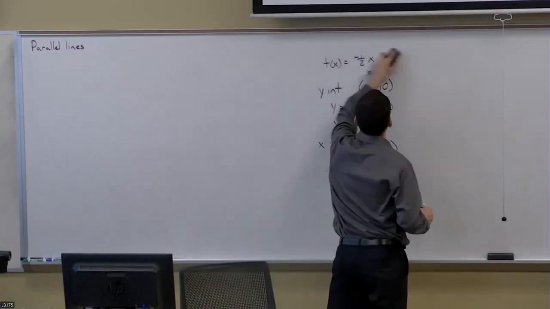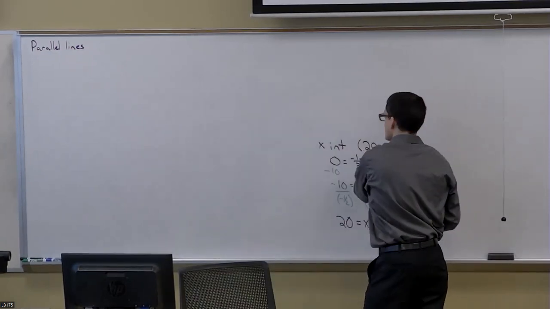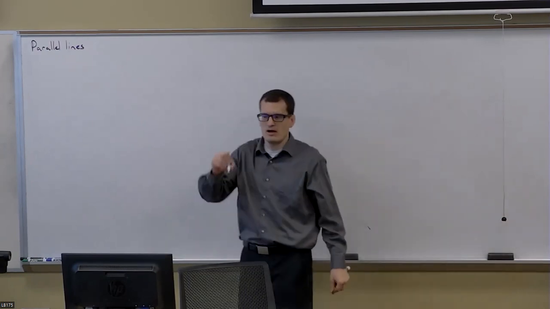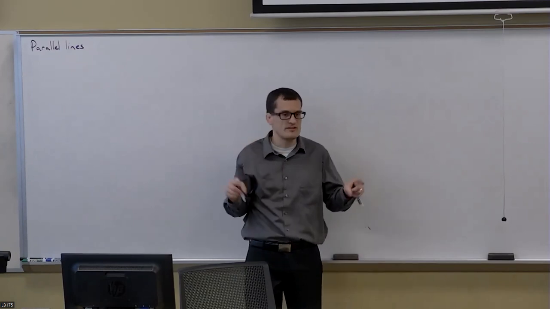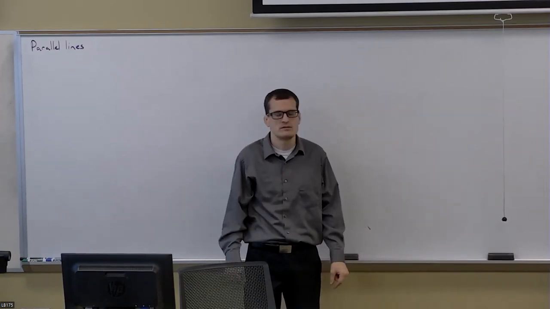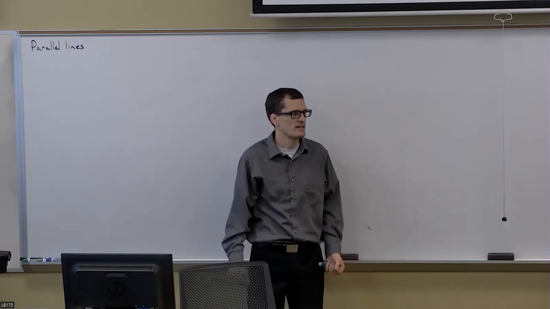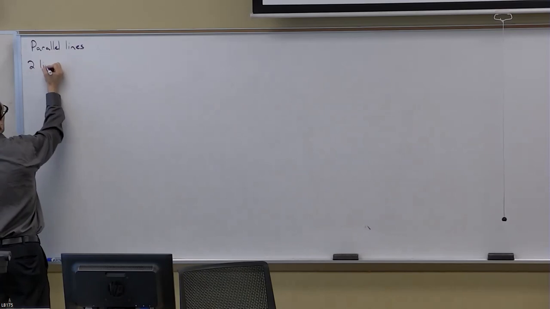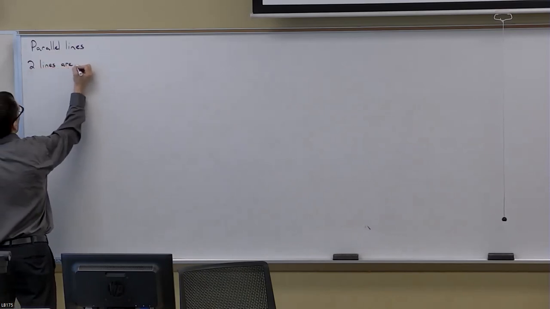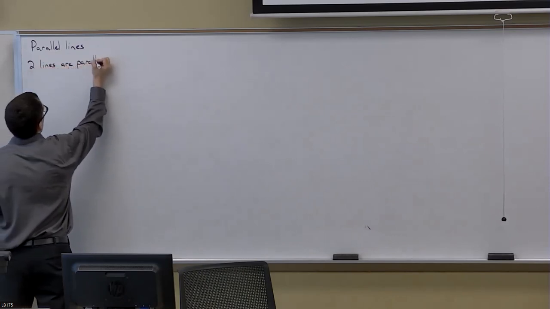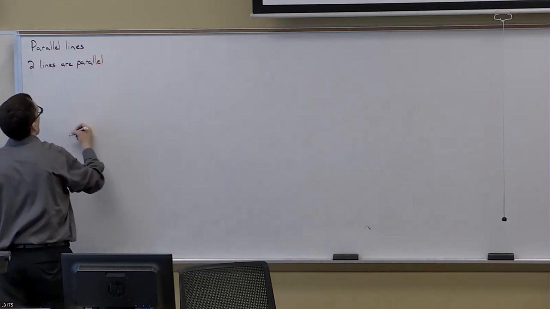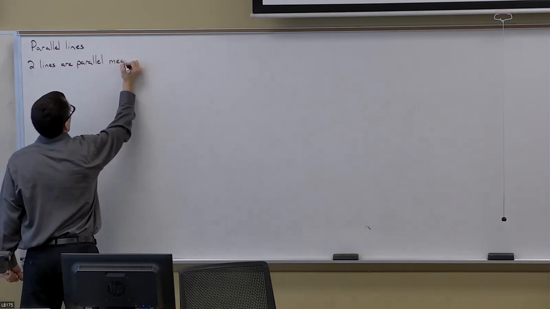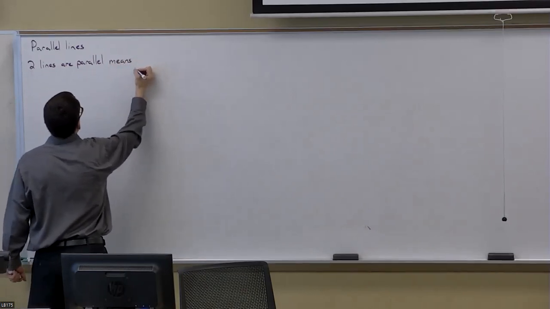Let's start with parallel lines. What feature do 2 lines have if they're parallel? Same slope, exactly. If 2 lines are parallel, it means they have the same slope.